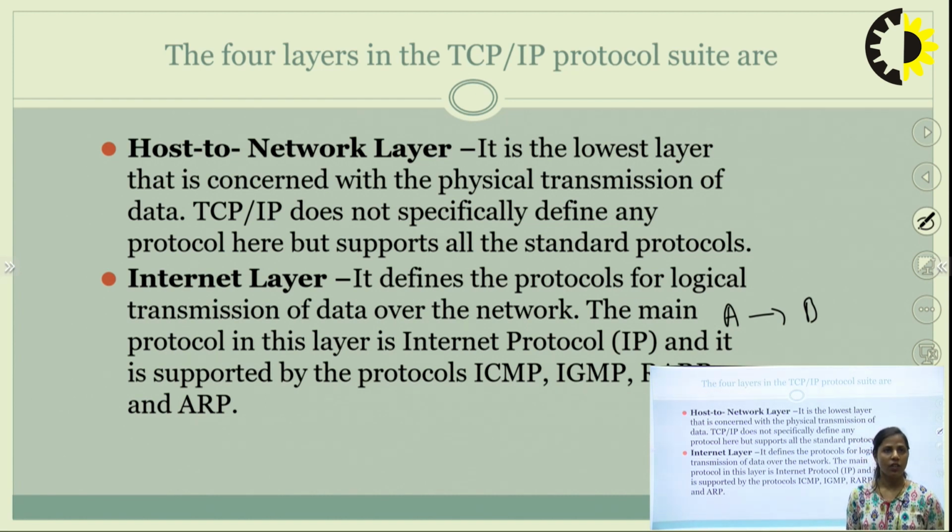So we are involving the physical transmission, meaning how the physical transmission of the data is done in the host to network layer. We can transmit the information through wireless means also, with various applications like Gmail, or by connecting a cable. So this is the physical transmission of the data.